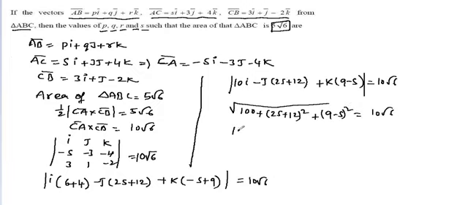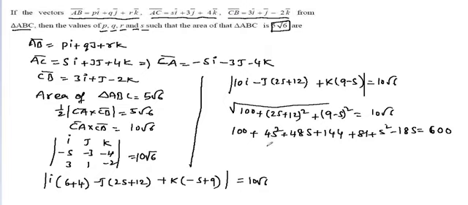Squaring on both sides, that is 100 plus 2s whole square, that is 4s square plus 48s plus 144. 9 minus s whole square, that is 81 plus s square minus 18s, is equal to 100 into 6, that is 600.